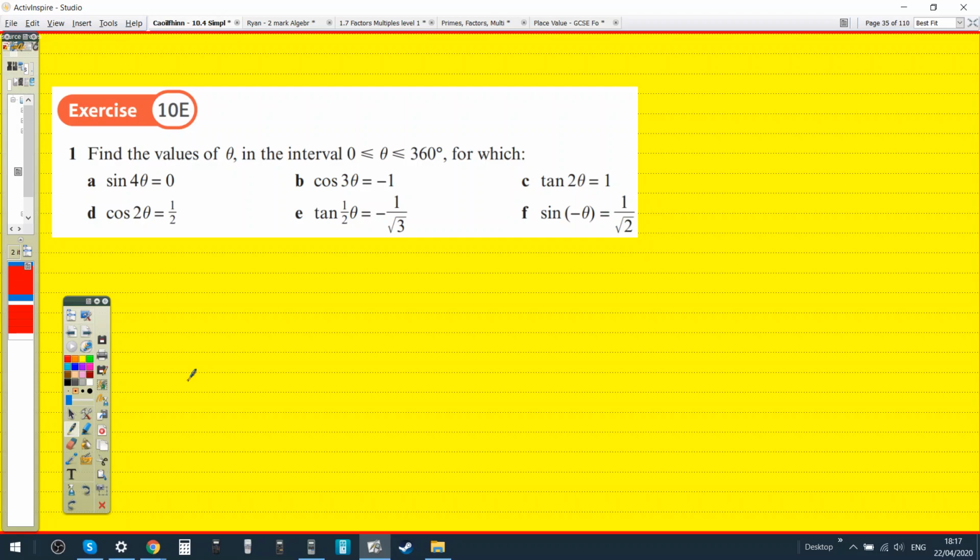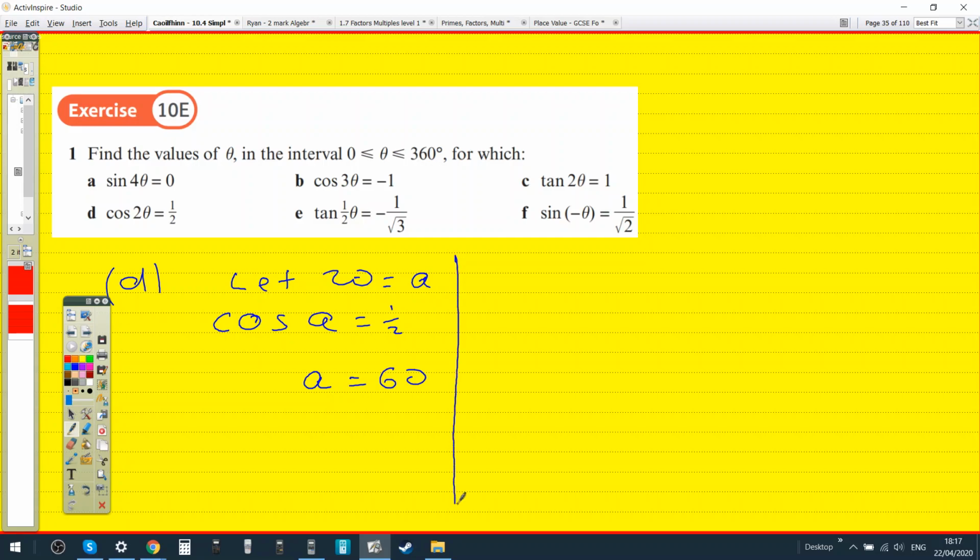So first we have to get rid of the cos. We'll do cos A equals a half. So let 2 theta equal A. And then A equals cos to the -1 of a half, which is 60. So A equals 60, and then we have to change it back.